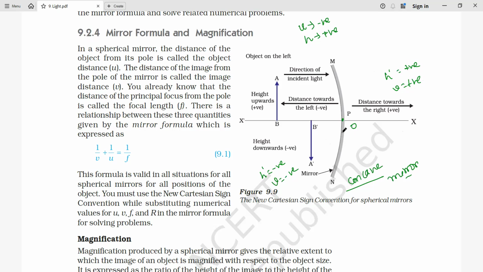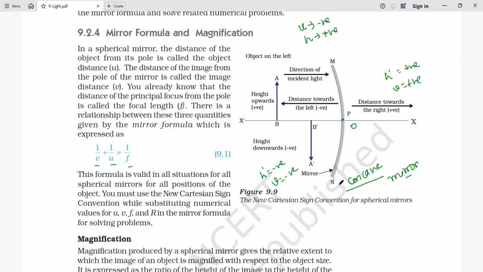So these are what we are going to consider when solving problems. This is important. Now we have the mirror formula, which gives the relation between object distance, image distance, and focal length.